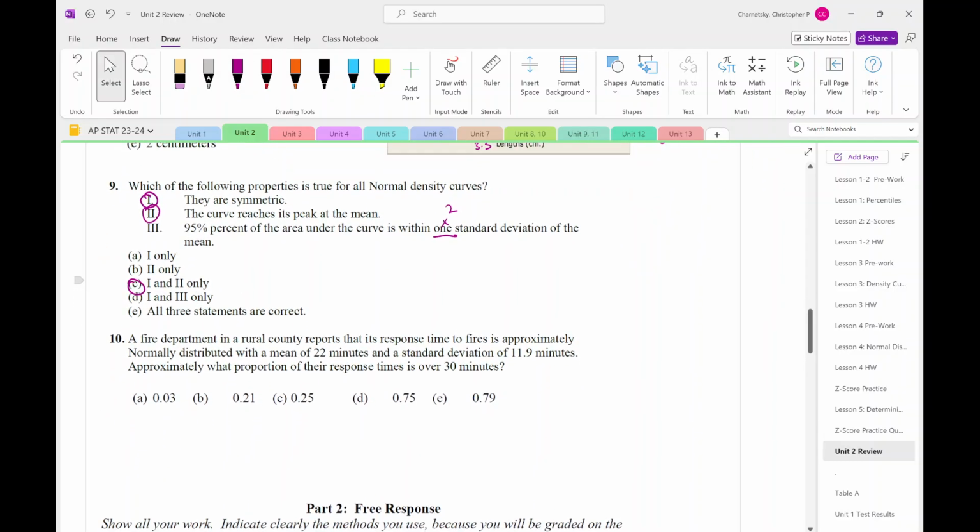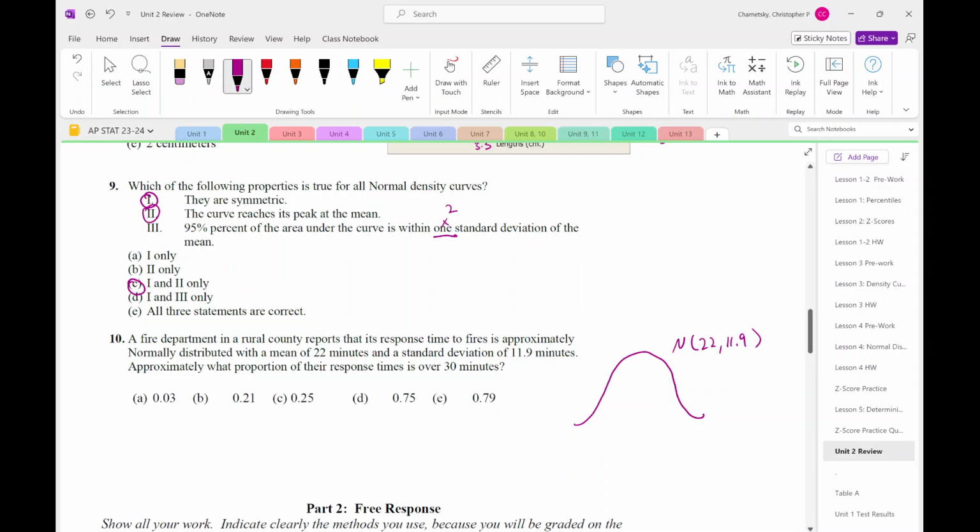Okay. Number 10. A fire department in a rural county reports that its response time to fires is approximately normally distributed with a mean of 22 minutes and a standard deviation of 11.9 minutes.